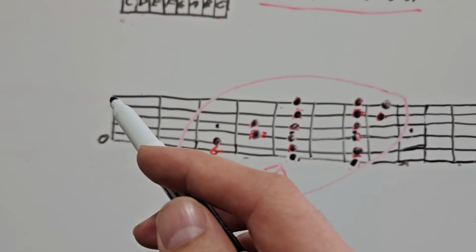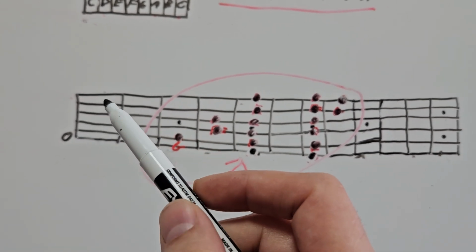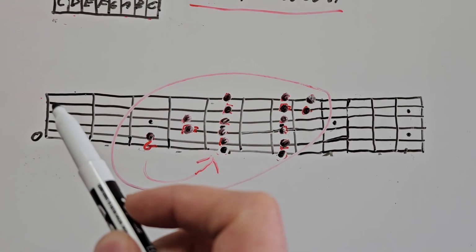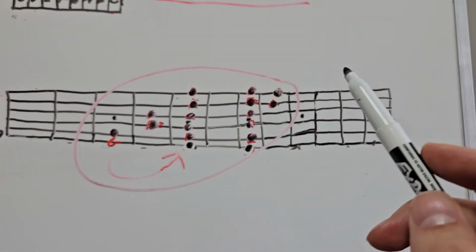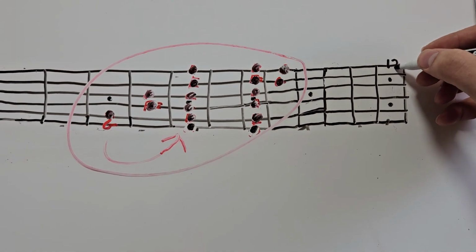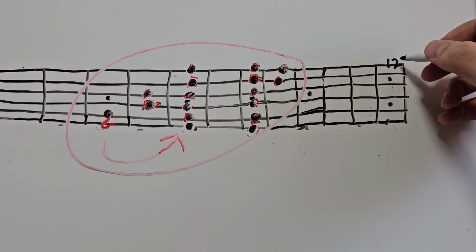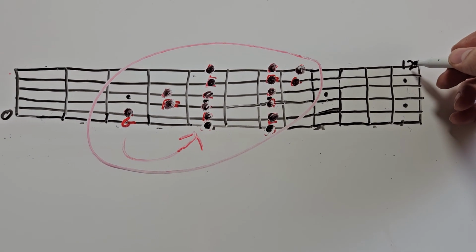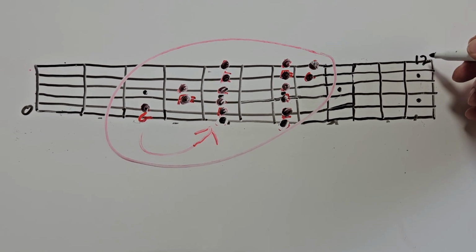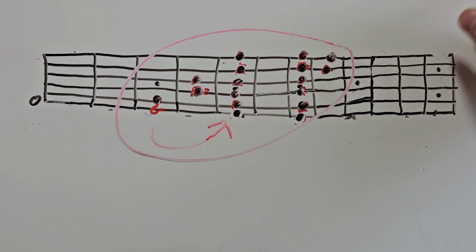So if you count out the number of notes before you get to the octave, in case anyone doesn't know, basically your 12th fret is going to be your octave for the open string. So let me remove this 12 because it's going to get confusing.